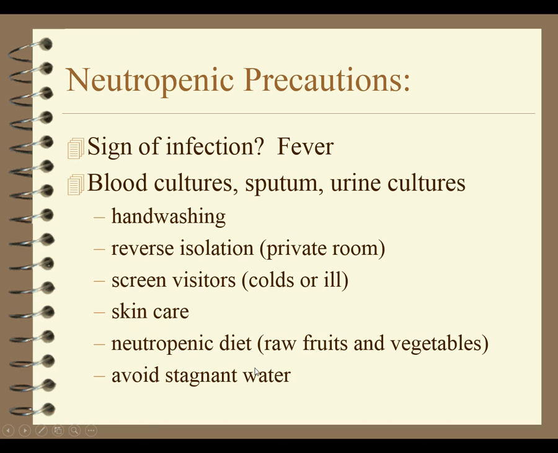Skin care, neutropenic diet: raw fruits and vegetables are out because they can harbor bacteria. Stagnant water, particularly in flowers, can harbor bacteria, so they're out. If they're going to leave the room for something like an x-ray, you always want to put a mask on the patient for protection. So that's just a review of some stuff for neutropenic precautions.